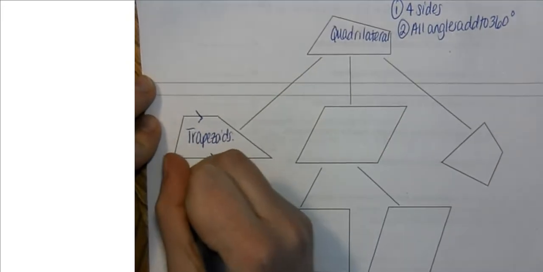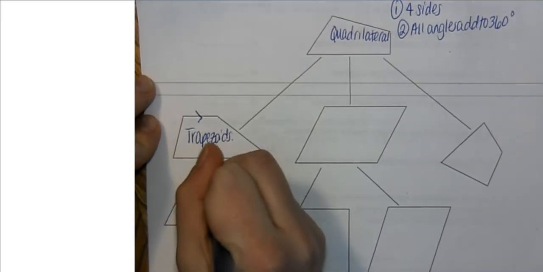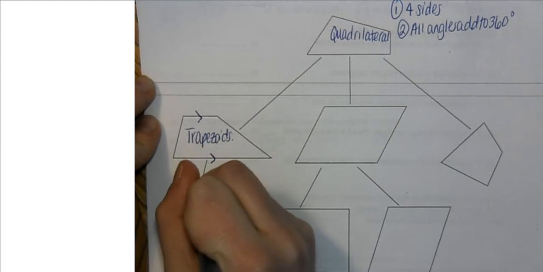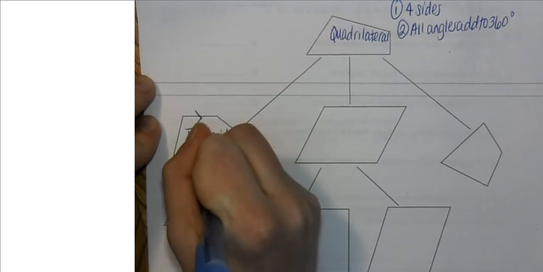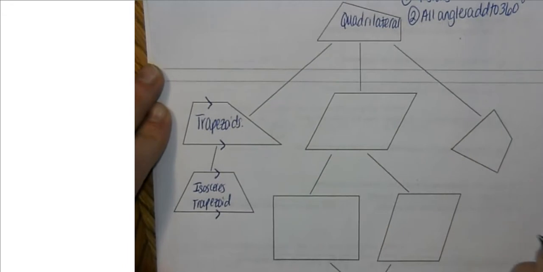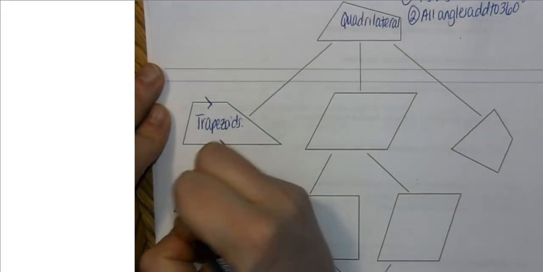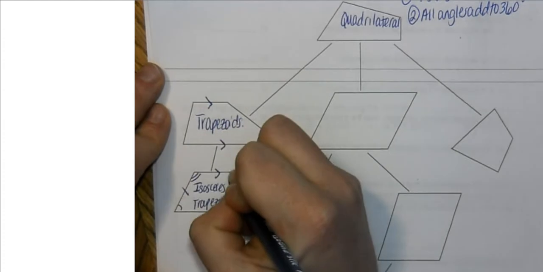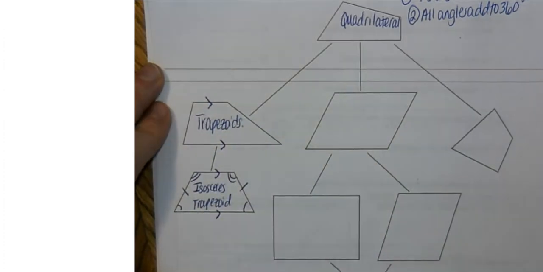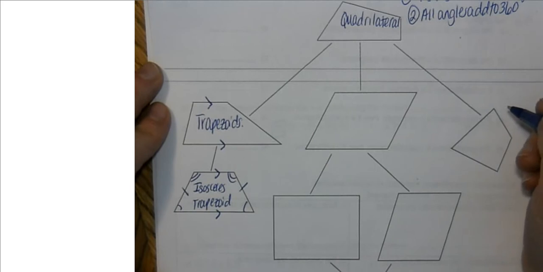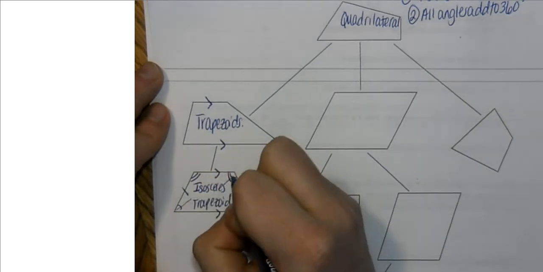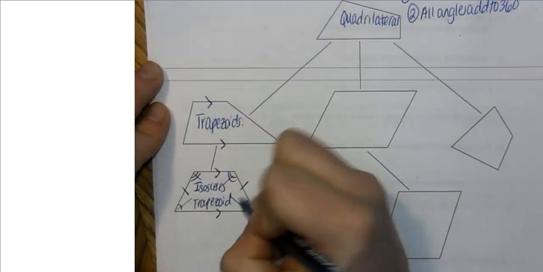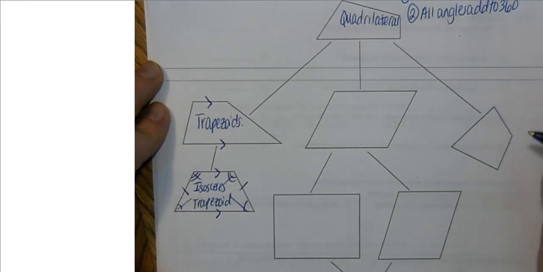Below it is an isosceles trapezoid. It has one pair of opposite sides that are parallel, one pair of opposite sides that are congruent, and as we get further along, it has base angles that are congruent to each other. The diagonals are also congruent, and you'll learn about that later, but the diagonals do not bisect each other.